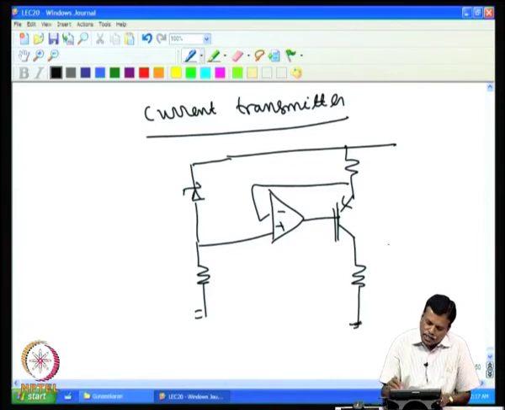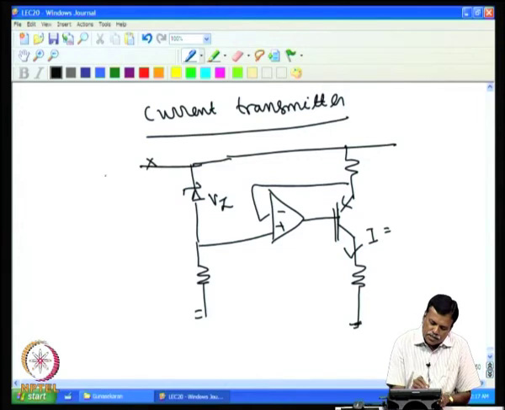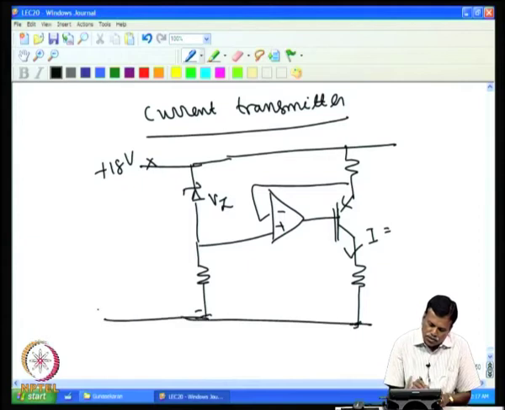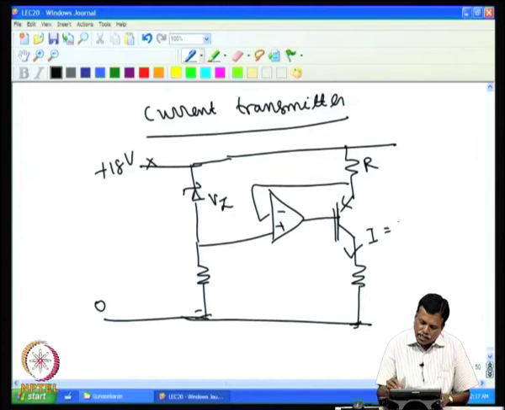The current actually flowing through this is given by this Vz, and this is the supply voltage, say plus 18 volt, assume that is what we have got in the other case. So, this is 0 and 18 volt, and if this is R, then I will be equal to Vz by R.